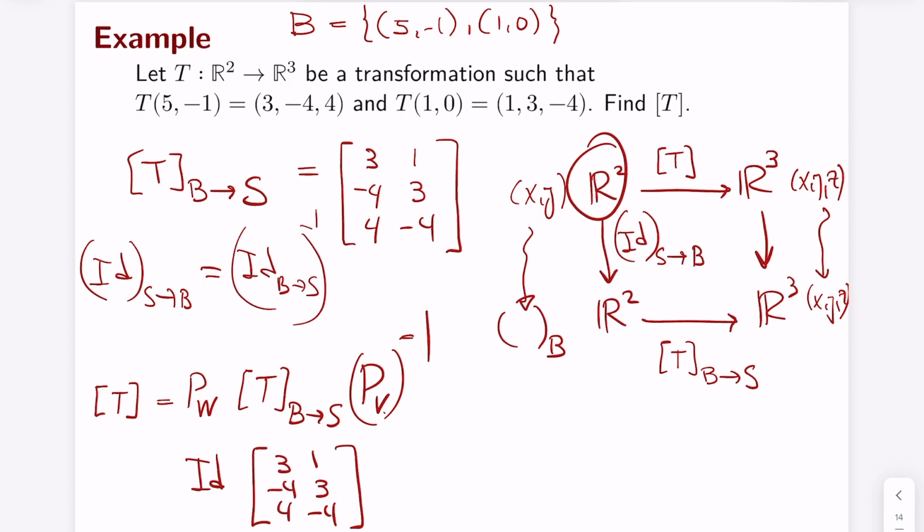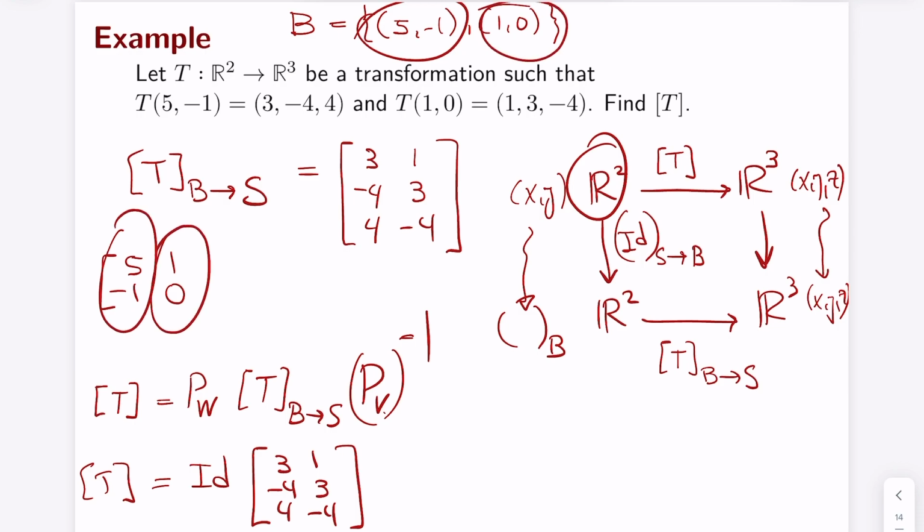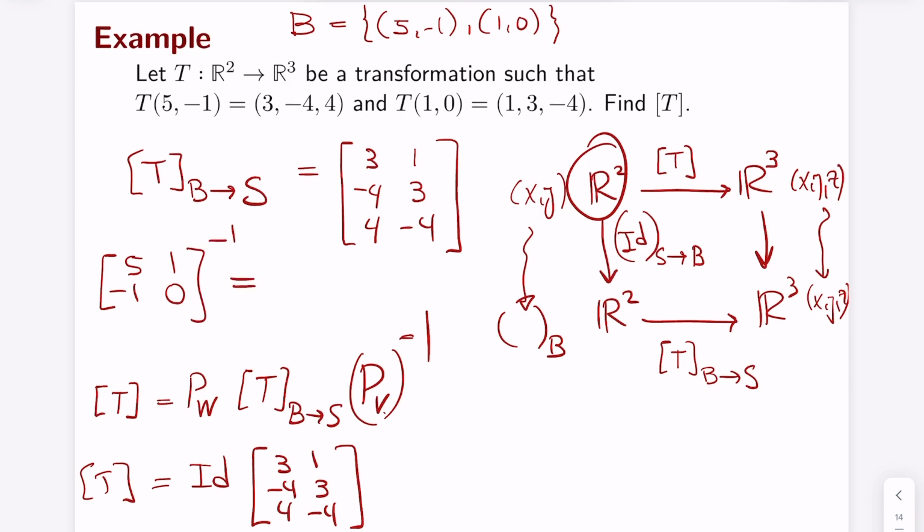And B to S means just to put the elements of the basis in the standard form. In other words, just to write them as columns. 5, -1, 1, 0, right? So this as a column and this as a column. So that's the matrix P_B, and then we need to take it to the minus 1. So the inverse of this matrix, let's calculate the inverse by any of the methods.